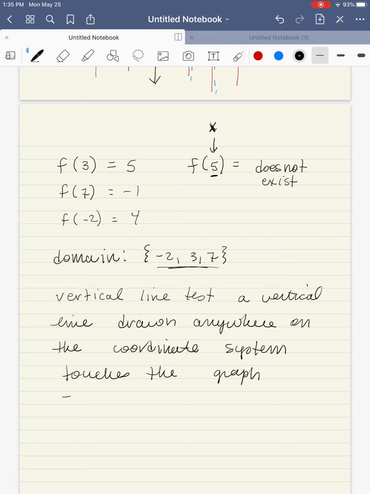So 0 or 1 time. All right, so that's the vertical line test.